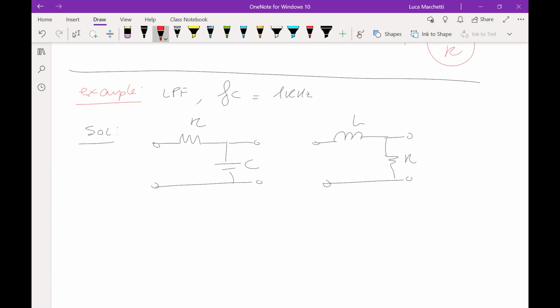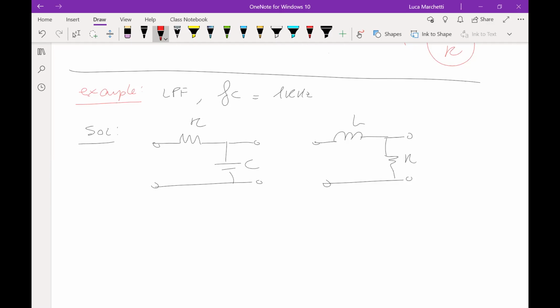Can anyone else tell which of these two is better than the other and why? It's actually a very practical reason, and I can tell you we should prefer RC. To build an inductance is a little more complicated than building a capacitance, because you need a copper wire and you have to roll it over a mechanical support in order to create a coil, right?